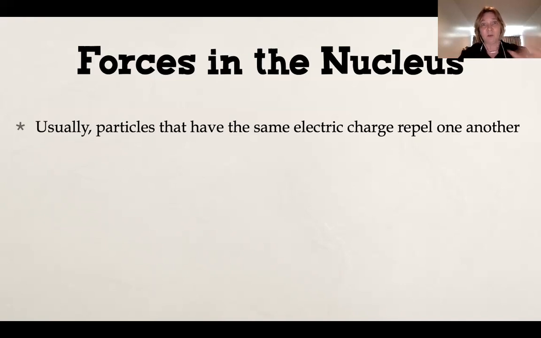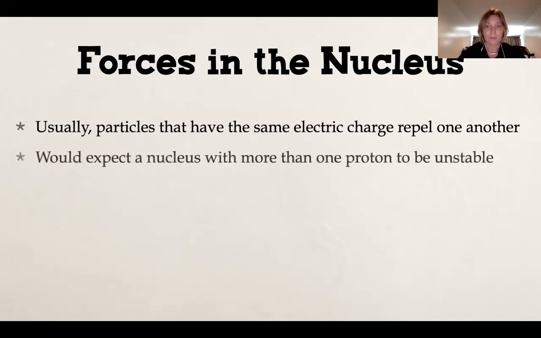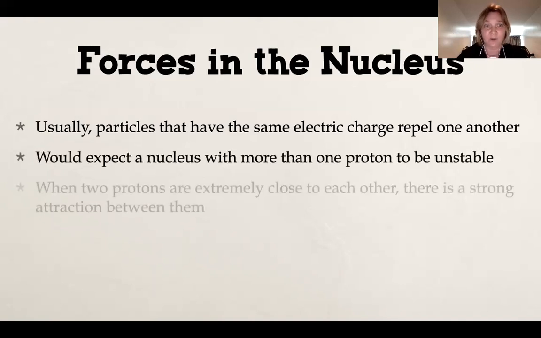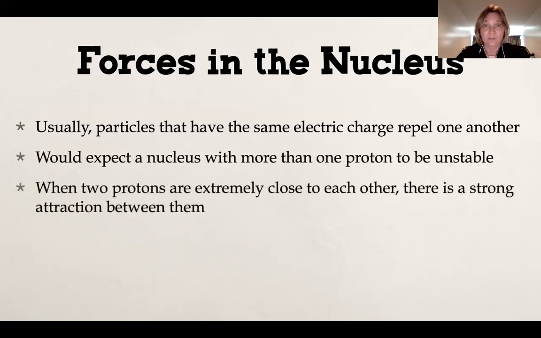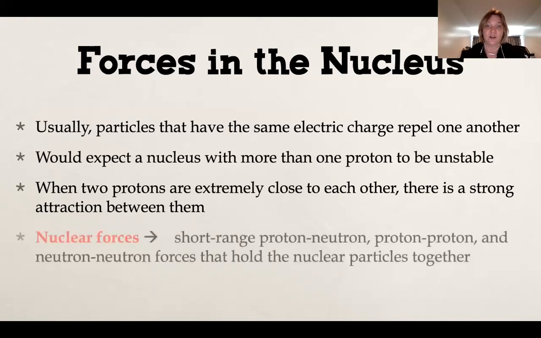If it's made of only positive and neutral particles, why wouldn't those positive protons repel each other? You would expect a nucleus that contains more than one proton to be unstable. But it turns out that when two protons are really close together, they actually have a strong attraction for each other. These are called nuclear forces. They're short range proton-neutron, proton-proton, and neutron-neutron forces that hold the particles together.